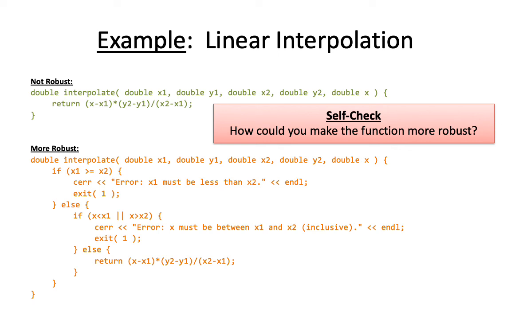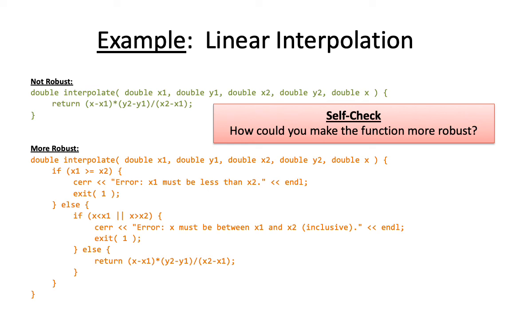So what I'm assuming here for this function interpolate is that we have x1, which is less than or equal to x, which is less than or equal to x2. But I'm also assuming that x1 and x2 are not equal to each other. So in this first if statement, I've got if x1 is greater than or equal to x2, in other words, if my left side point is greater than my right side point, then give an error message and exit.